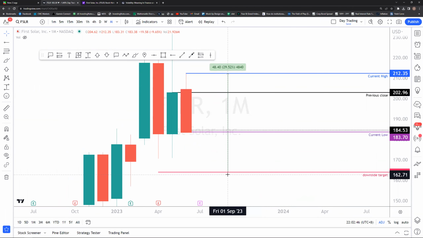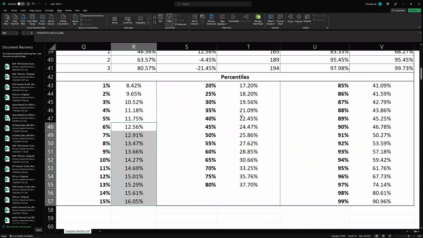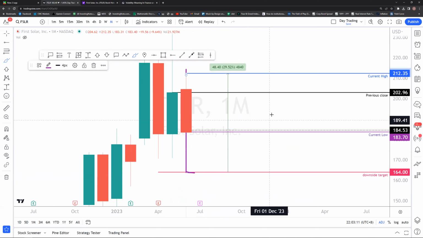If this is the low, meaning if First Solar goes all the way down here, then this is the low, because the high is already established there, that is the current high. So from our downside target to the current high, it is 29.52%. So 29.52% is somewhere around here. So there's actually a 30% chance of hitting this level within June.